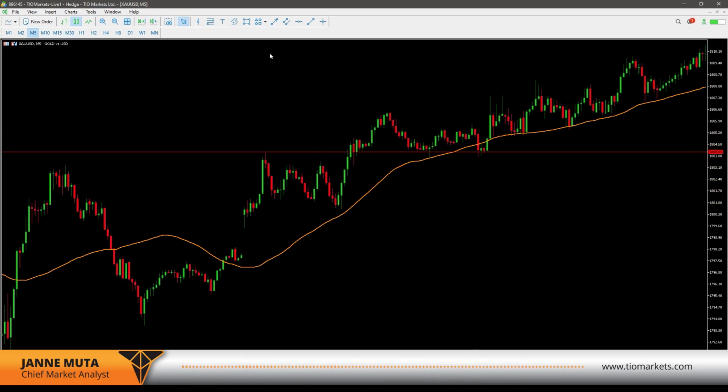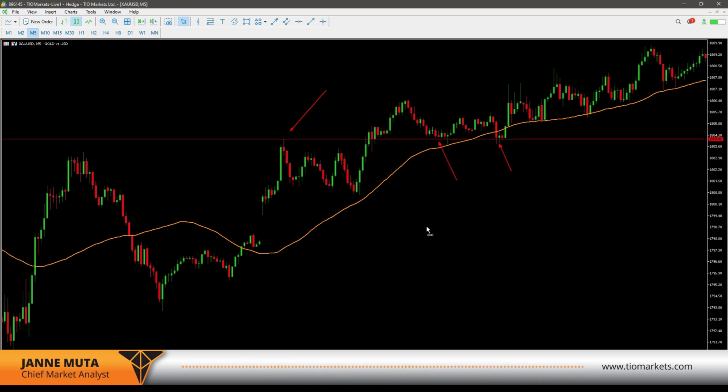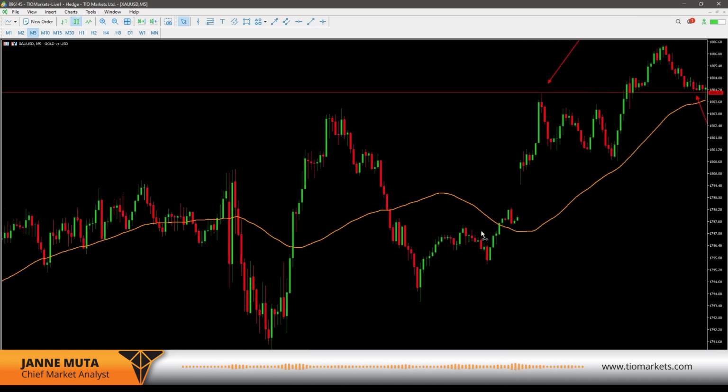So first of all, we identify levels of interest in the market, the same as usual. Here we have a level that used to act as a resistance, and after the level was penetrated, it provided a couple of occasions where the market bounced, and these are trading opportunities. On this occasion, the trend kept on going higher, but let's imagine the hard right edge of the chart was here.